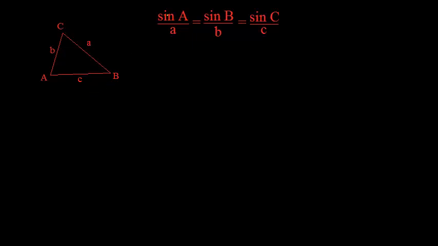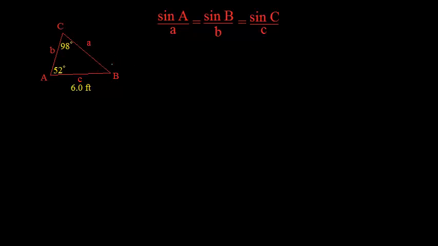What we find is that the sine of an angle over its opposite side is equal to the sine of any other angle over its opposite side. So if I have a triangle with these measurements, I can find the remaining measurements using my law of sines.